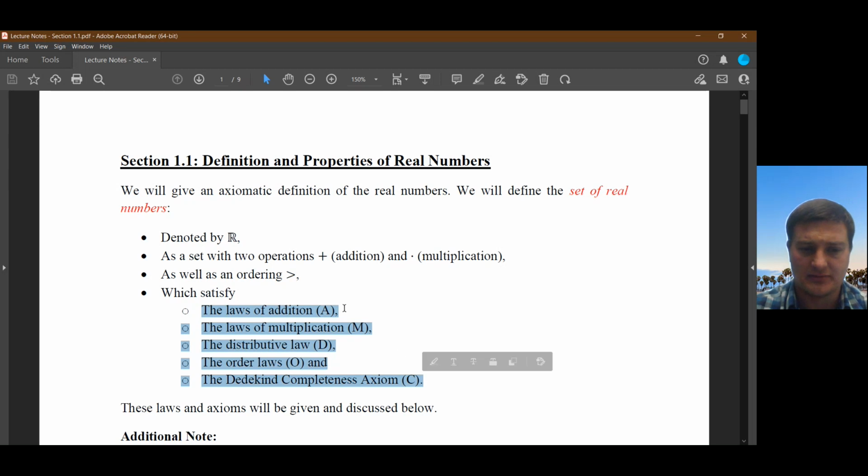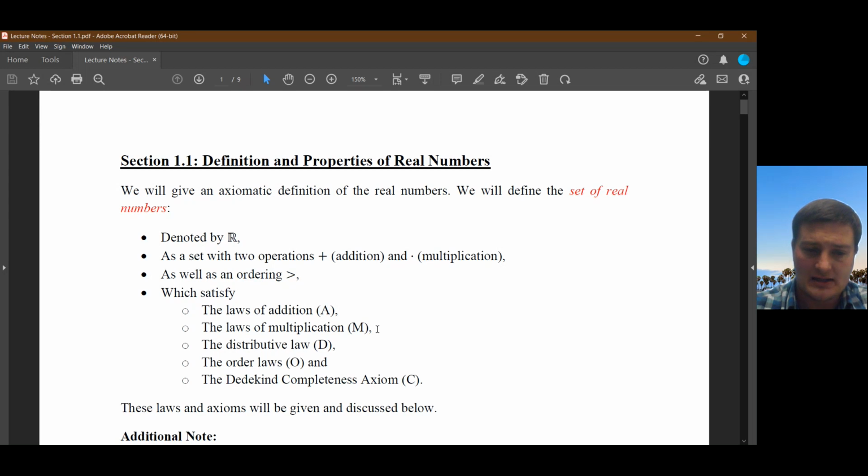You already covered the four axioms of addition, the four axioms of multiplication, and the one axiom of the distributive law. Today we will cover the three order laws, or the three order axioms. The last axiom, the Dedekind completeness axiom, we will cover in section 1.2 next week.